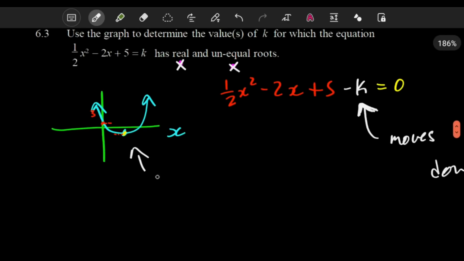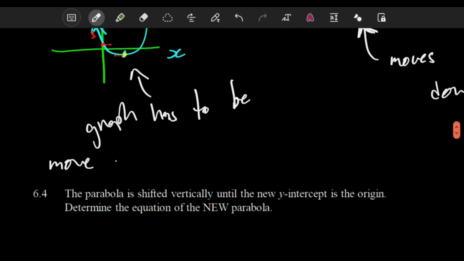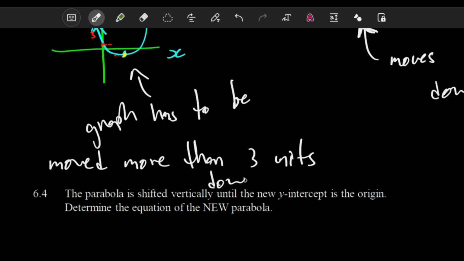So here we can see that the graph has to be moved more than 3 units downwards. You see, it has to be moved more than 3 units down.